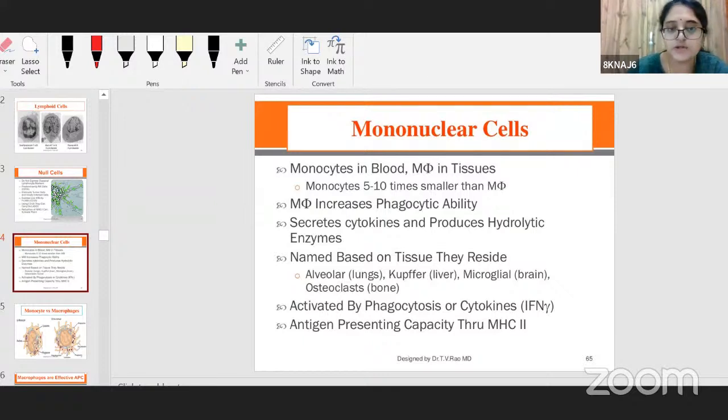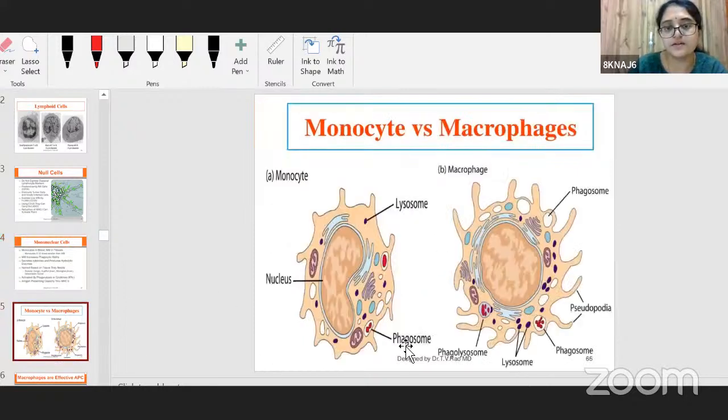So macrophages also, see, this is the basic difference between monocyte and macrophage. Most of the cell is taken up by the nucleus, which occupies a lot of space.